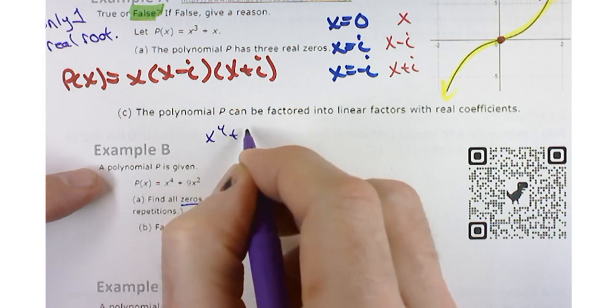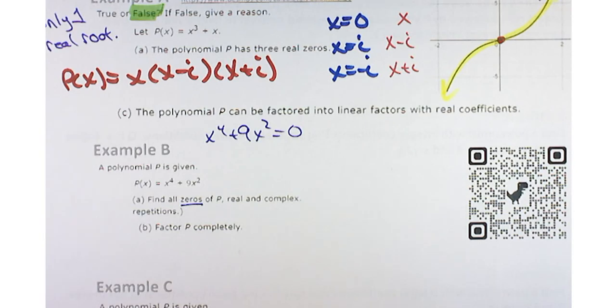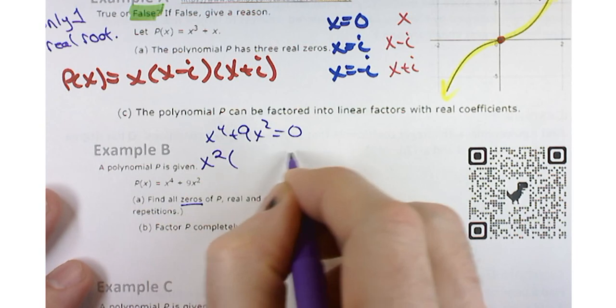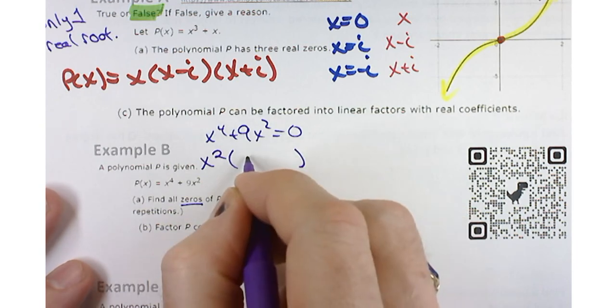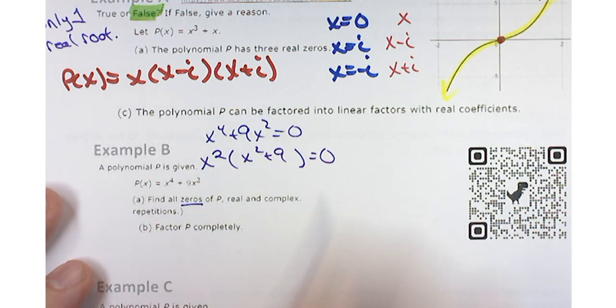You're going to set x to the 4th plus 9x squared equal to 0. And break it down might be interpreted as factoring. So I'll factor out the x squared here. So it leaves behind x squared plus 9 equals 0.